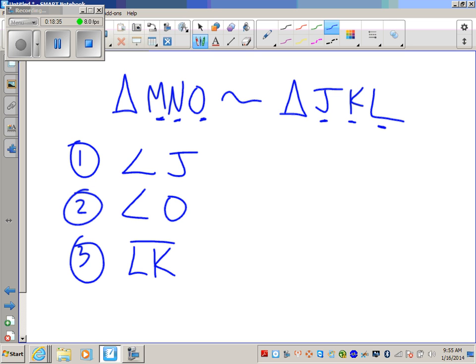So let's make sure we put that line segment over it. Number four, angle K corresponds with angle N.